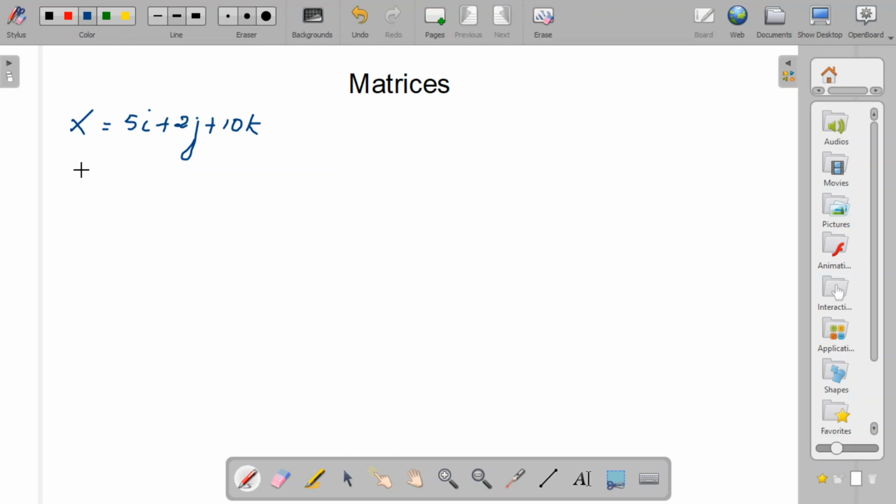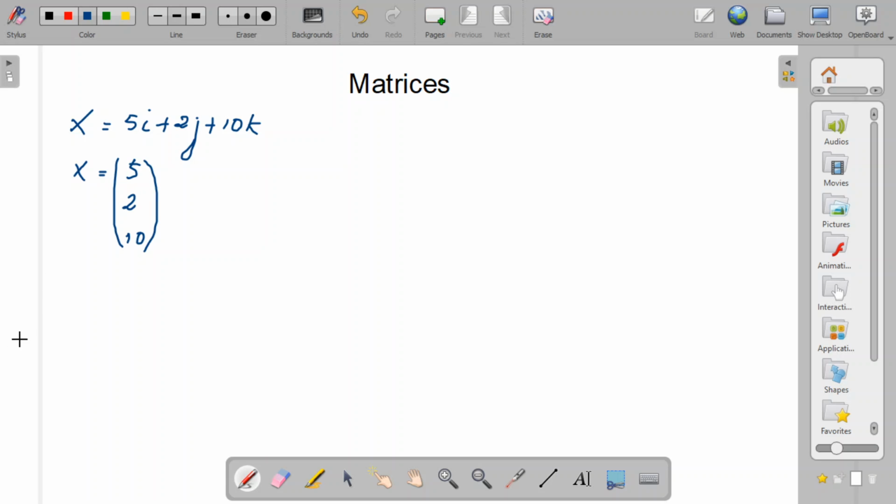Now this vector can be represented in the form of a matrix as 5, 2, 10, a column matrix x. So the vector x can be represented in the form of a matrix as a 5, 2, 10 column matrix.